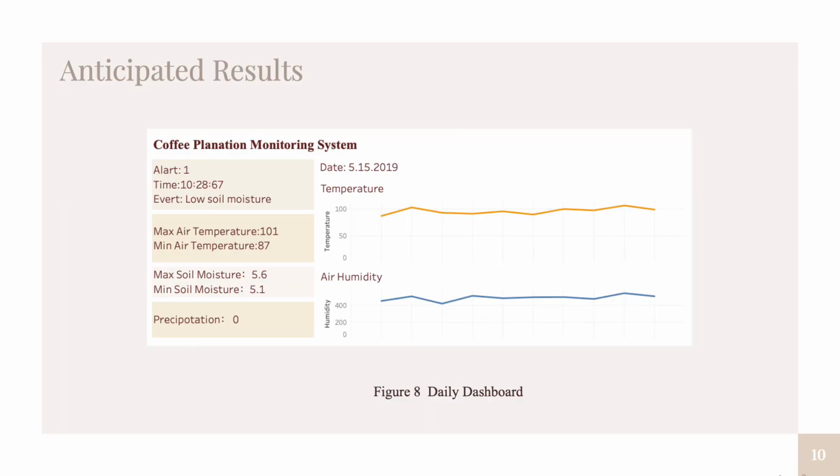There are two results we hope to see after this system is deployed on the plantation. One is to send alert information to the user's device when the collected data is not within the threshold range, and the second is to provide a daily or weekly attribute trend dashboard.